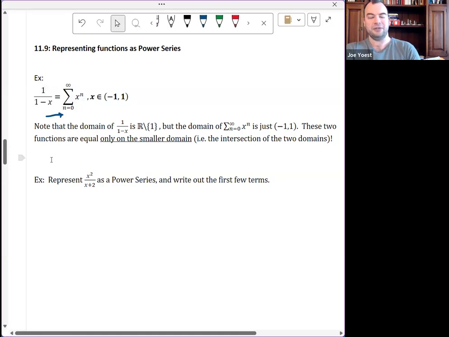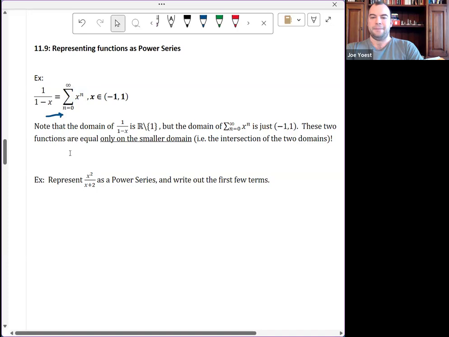It's not so obvious at first glance that x equals 1 should be an issue over here. And likewise, on this side of things, it doesn't seem like x equals 12 or negative 24 should be an issue. But this side, that doesn't work for.